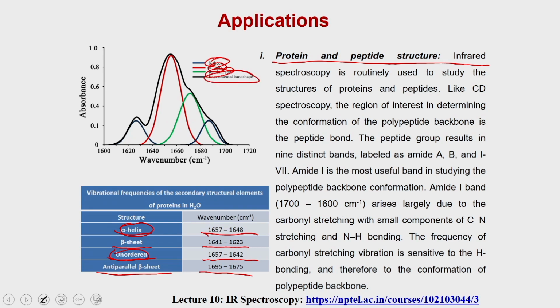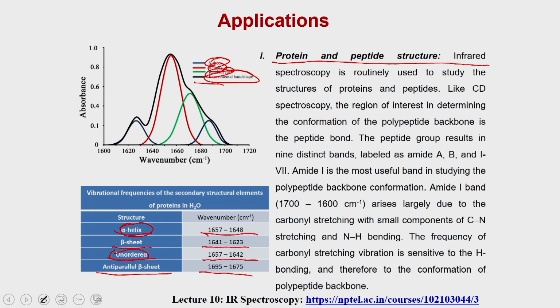So, you can collect the IR spectra of your experimental sample, and depending on the presence of the different types of secondary structures, you can calculate the proportion of alpha helix, the proportion of beta sheets and the proportion of unordered structures by comparing the different spectral bands for IR spectroscopy.